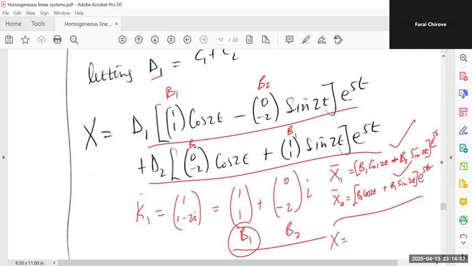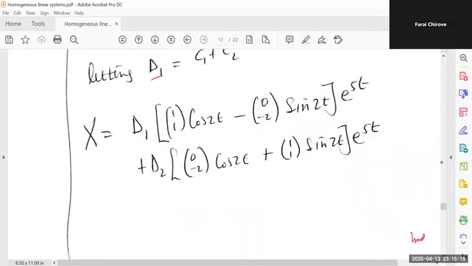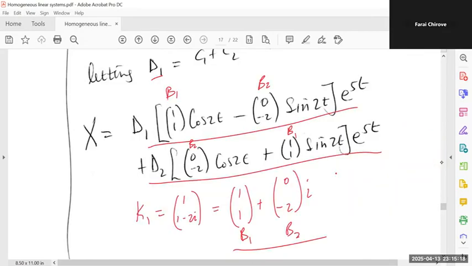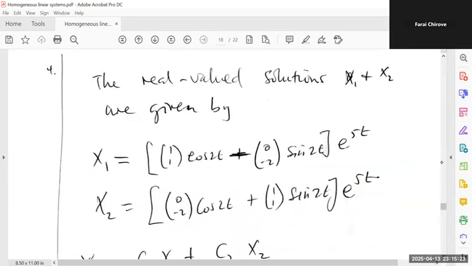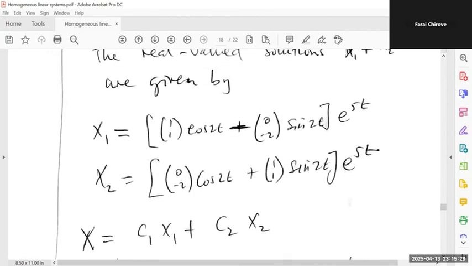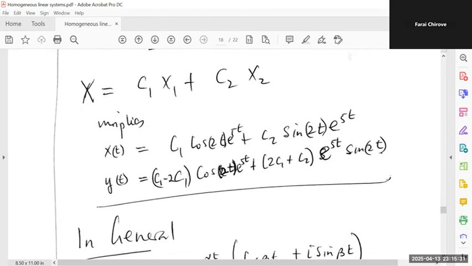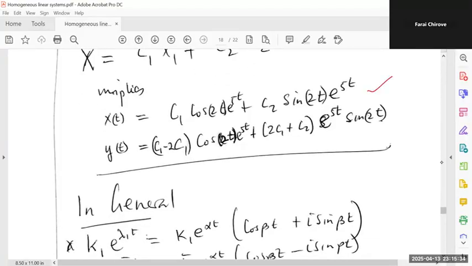So then X will be equal to some D1 X1 bar plus D2 X2 bar. This will be the real valued solution using the principle of superposition. All right. So everything that we're doing here is exactly what I was summarizing there. And this becomes our new solution.